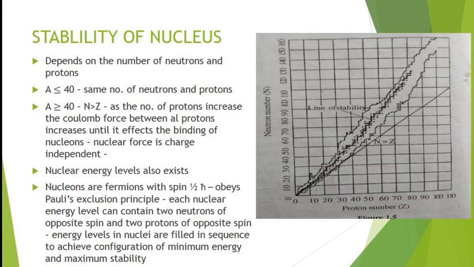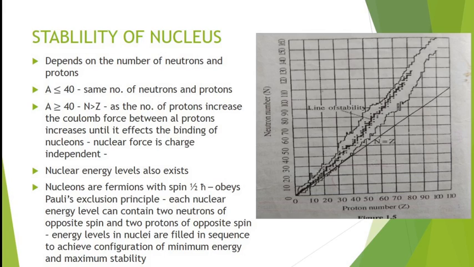So that is the case of nuclei having A less than or equal to 40. That means for mass number A less than or equal to 40, the nucleus will have the same number of neutrons and protons.